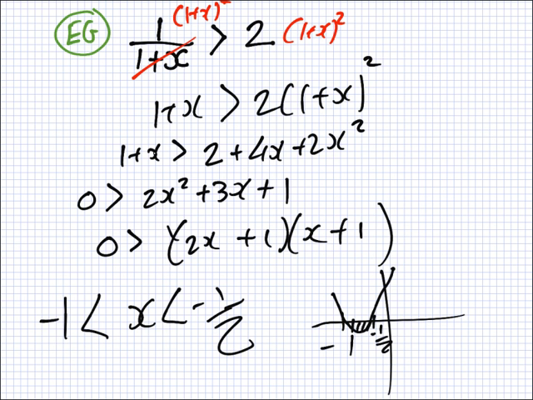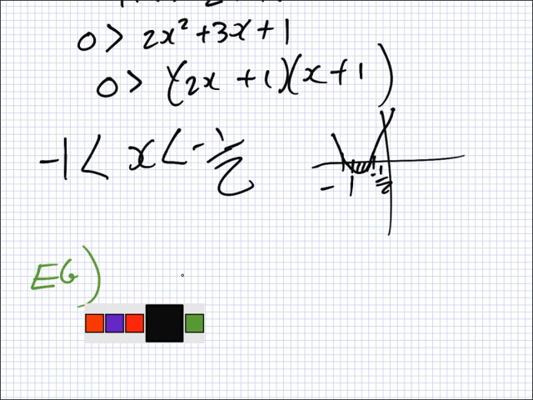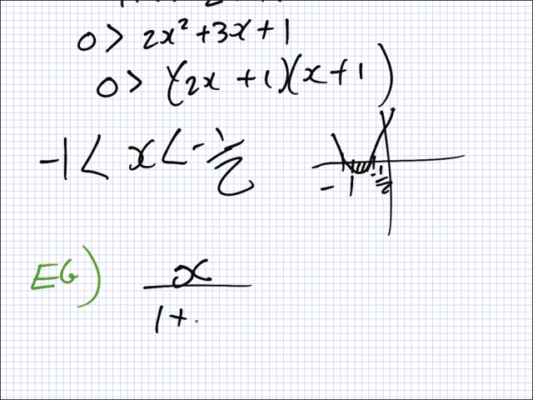Okay. And the second example I want to do with you, I think the second one you'll have no trouble with, but just to be safe, I just want you to solve this. Right, solve this.